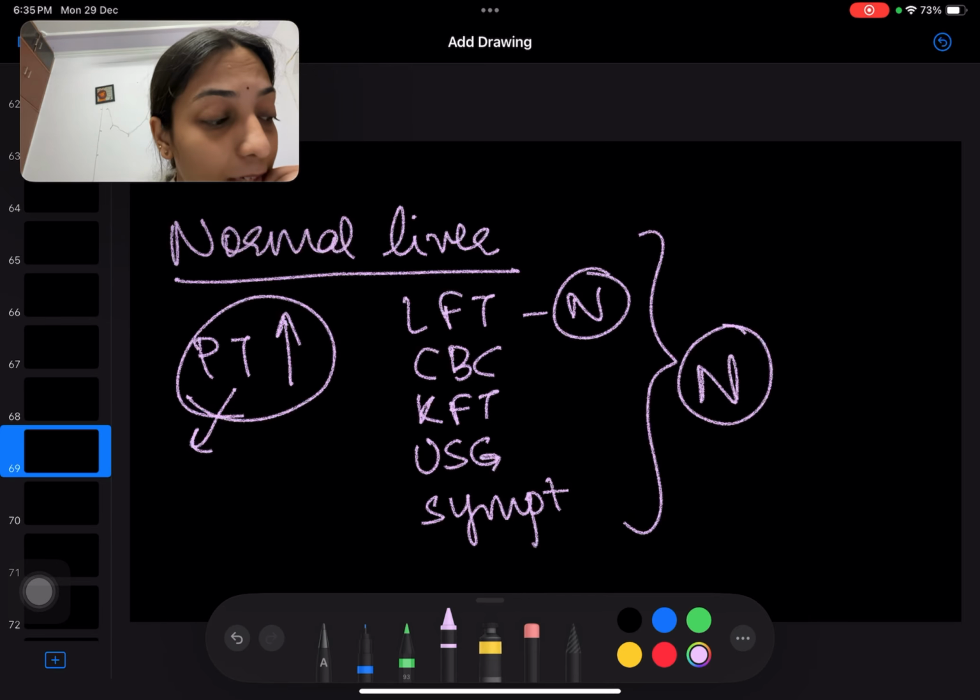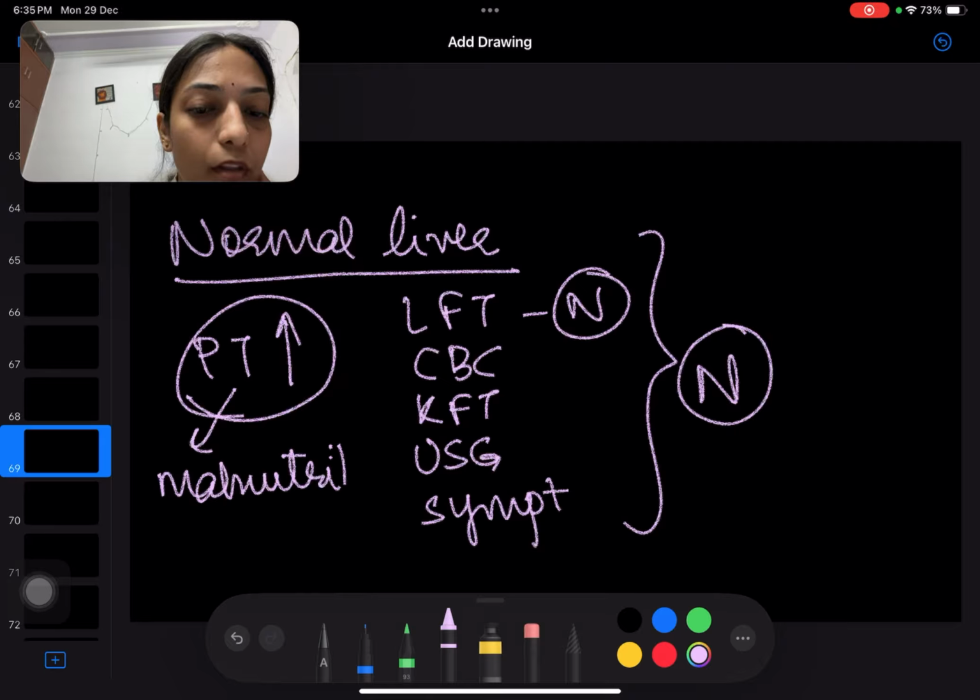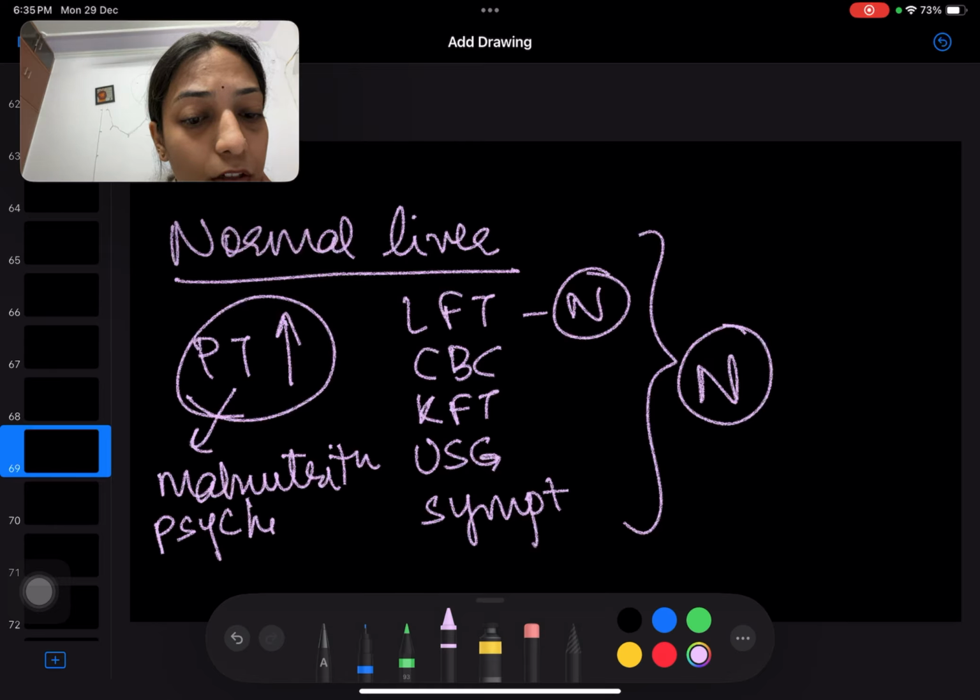Now what does that mean? It means that there are many other things which may cause increased prothrombin time, one of which is malnutrition. Malnutrition can be psychological also, psychiatric disorder, which we have read.